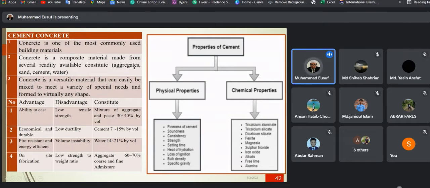There are two types of aggregates: coarse aggregate and fine aggregate. In the previous slide I showed you the materials. The stone chips are the coarse aggregate, and sand is the fine aggregate.